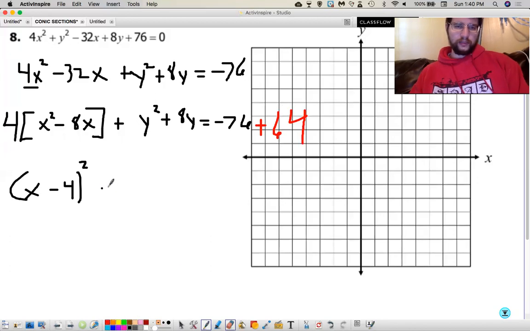Let's look at the y's. Positive 4. Now, what I need to do here is I did 8 over 2 was 4, so 4 squared is 16. I did not have anything out front to worry about. Oops, I dropped off this 4. Sorry, don't drop off that 4 yet.